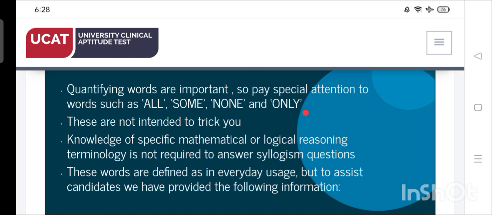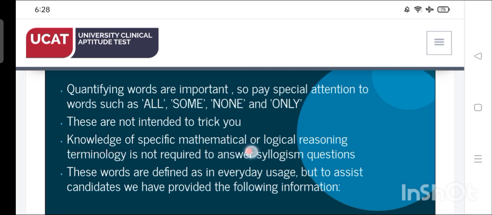You have to know the meaning of these words, what they are used for in this information. Then you can conclude your answer. These are not intended to trick you. It's just to provide you information so you can conclude it.